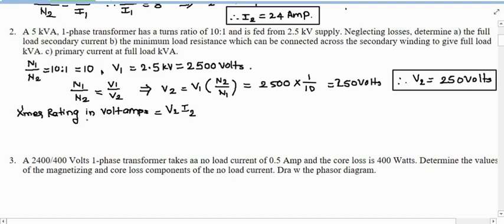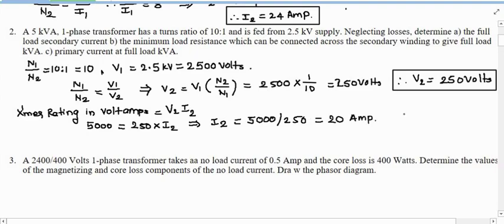The rating of the transformer is given to you: 5 kVA means 5000 volt ampere equals, what is your V2? 250 volts into I2, right? Which implies that I2 will be equal to 5000 divided by 250, so it will be equal to 20 ampere. Therefore, I got I2 equals 20 ampere.